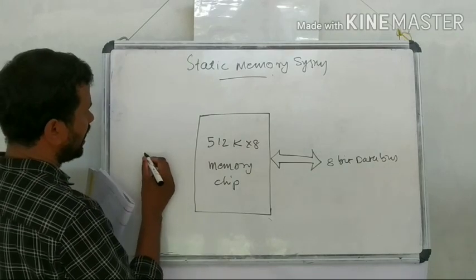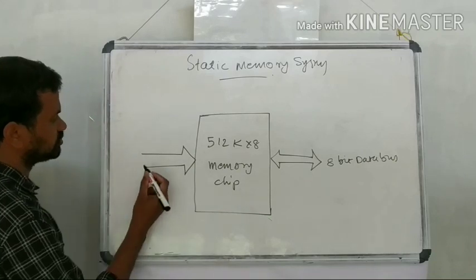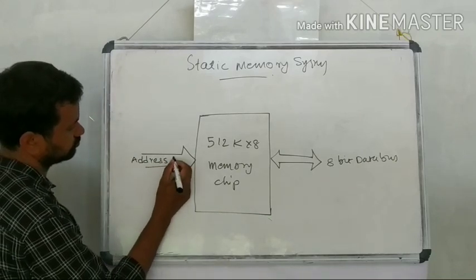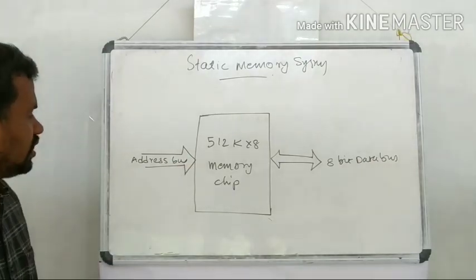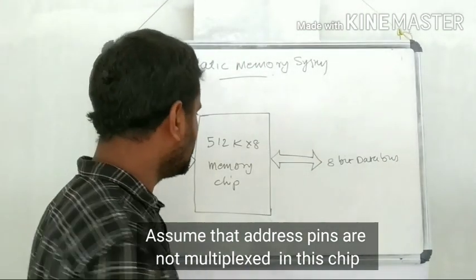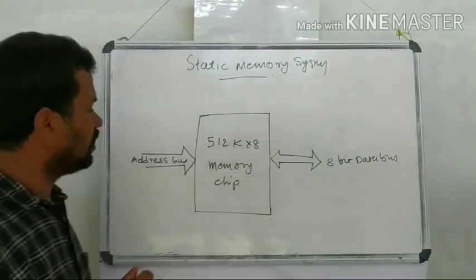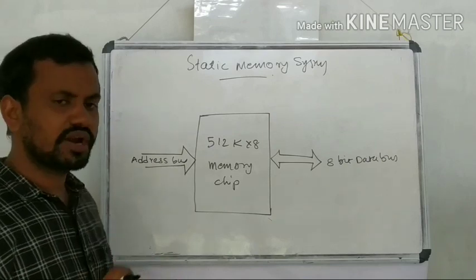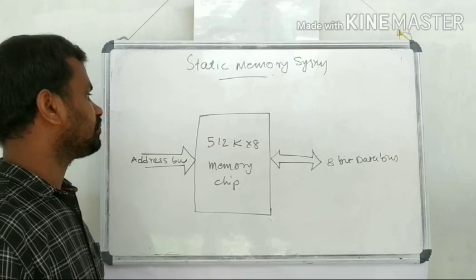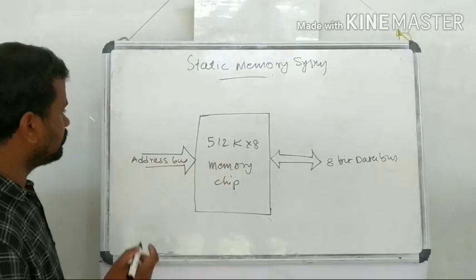Then next is the address bus. We have 512K locations, or 512K 8-bit words. So how many bits are required to select or to get 512K locations from this memory chip?